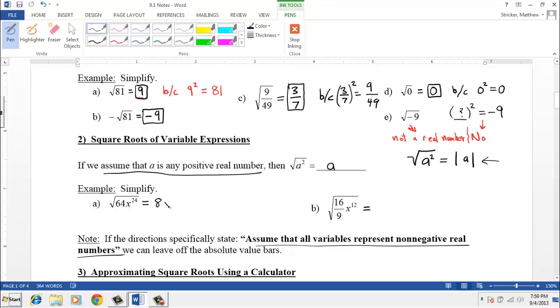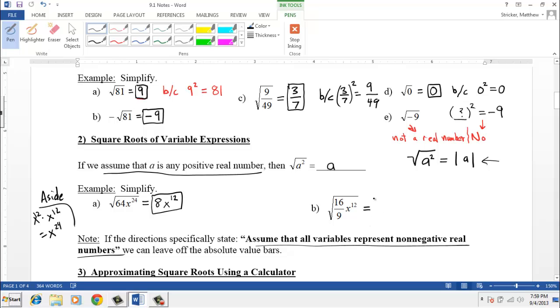And then for the variable part, we have x to the 12th power. That is because x to the 12th times x to the 12th is equal to x to the 24th. Remember, when we multiply exponents, we add the powers. 12 plus 12 is 24.